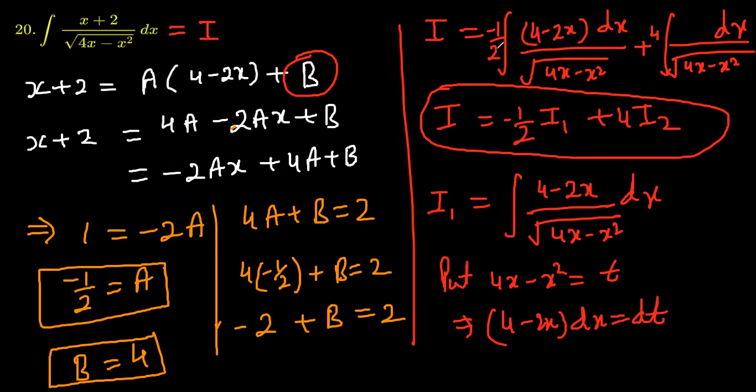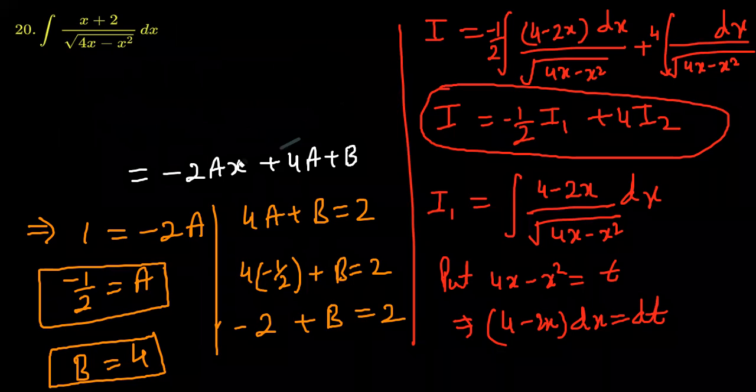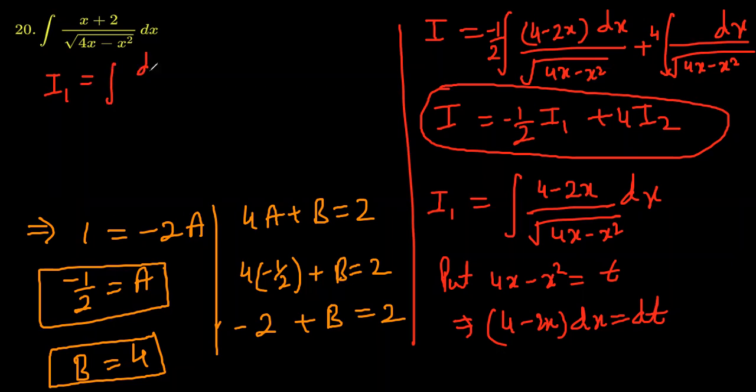So the numerator of I1 is dt, and the denominator is square root t. So my I1 is going to look like the integration of dt over square root of t.